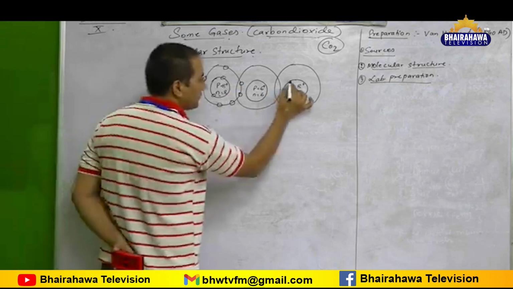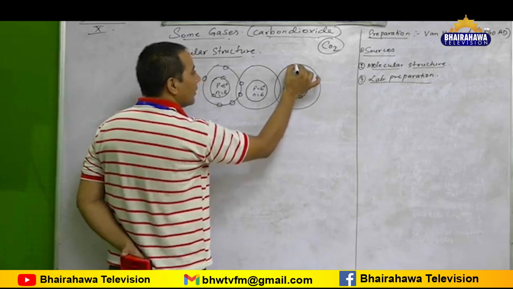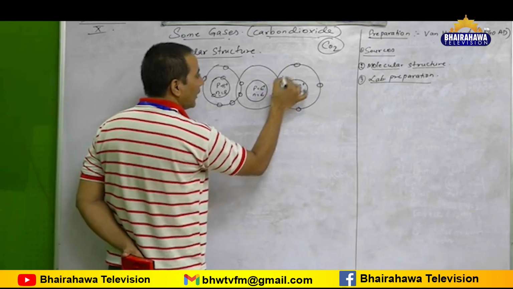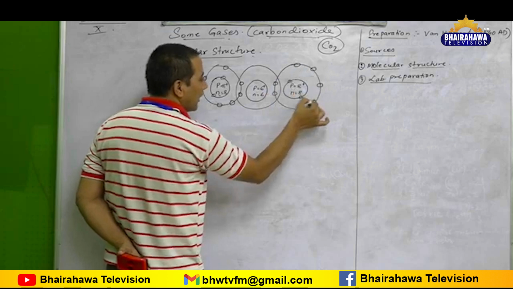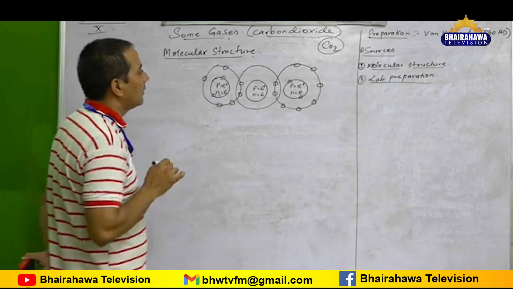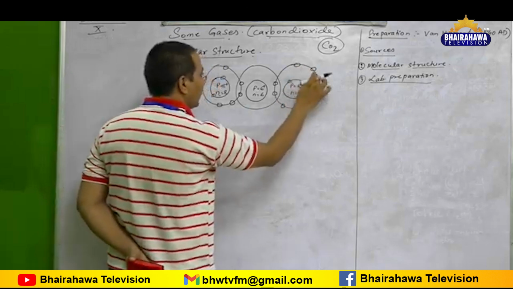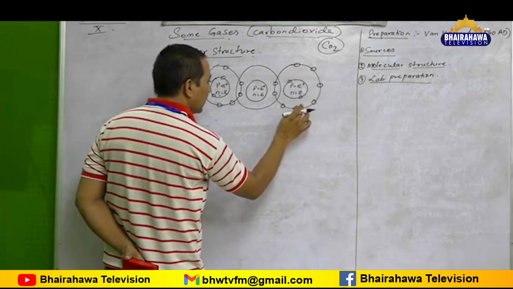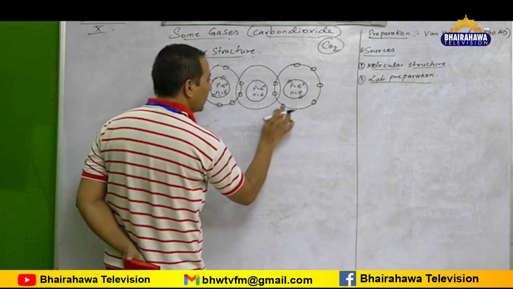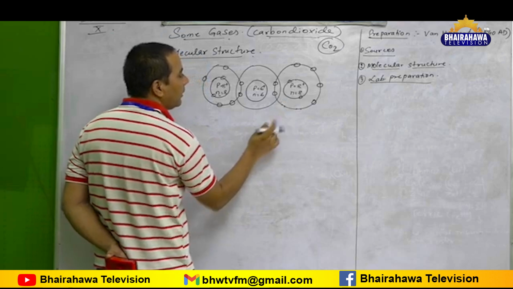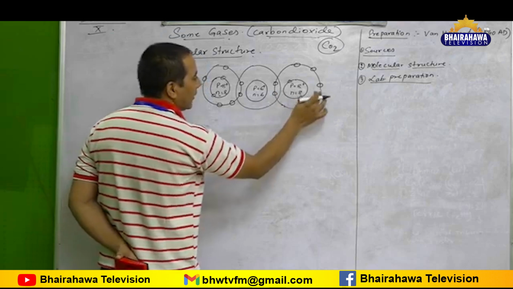Here also, 1, 2, 3, 4, 5, 6, 7, 8. The outermost shell in oxygen contains 8 electrons.